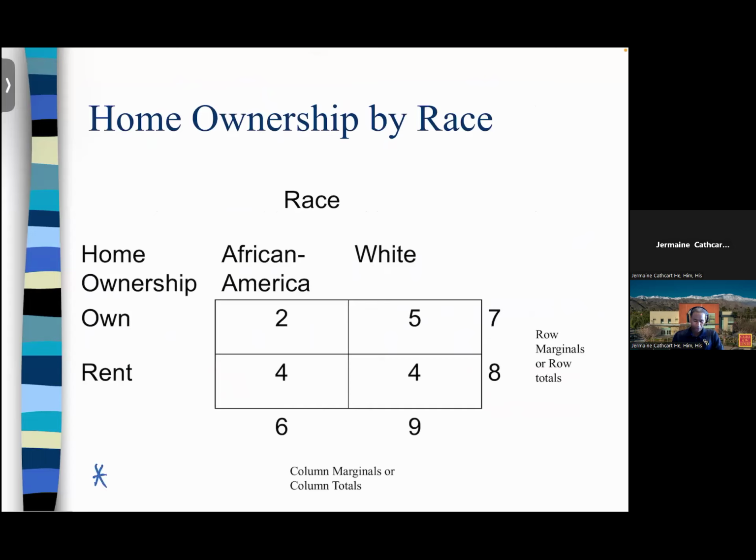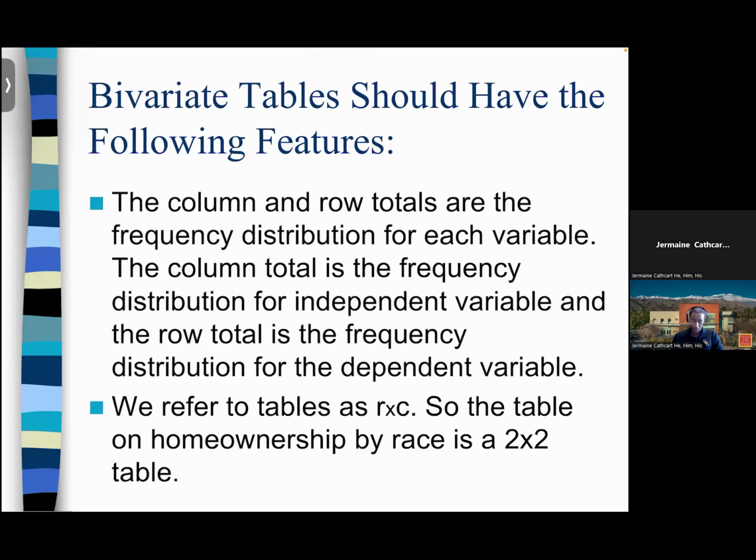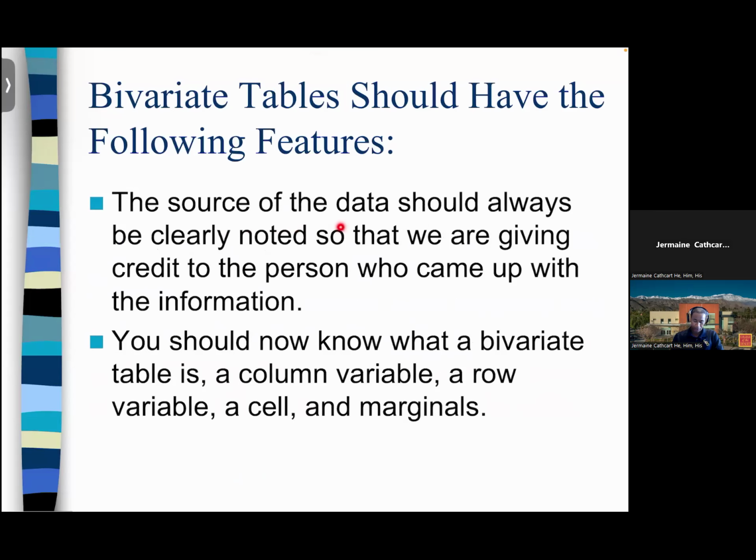And you'd usually have it somewhere down here with an asterisk, like US Department of Labor or something like that, to denote where you got that information from. Okay, so source of the data should be noted.